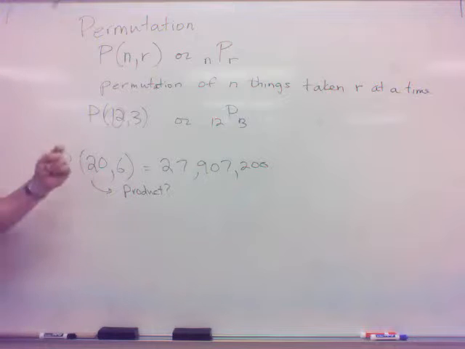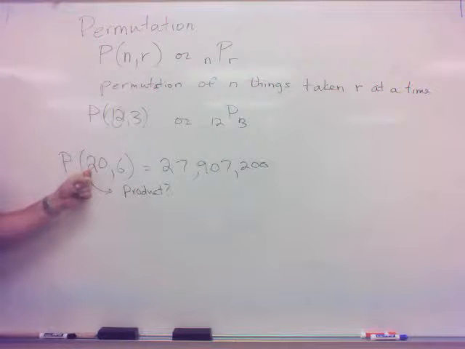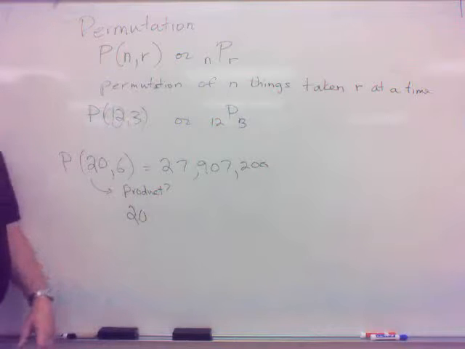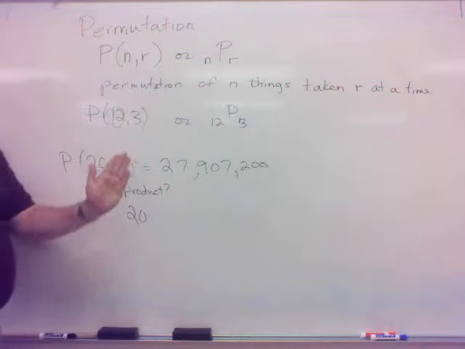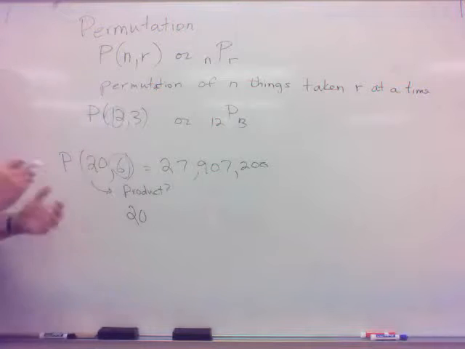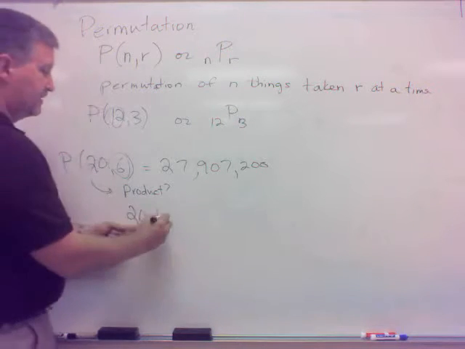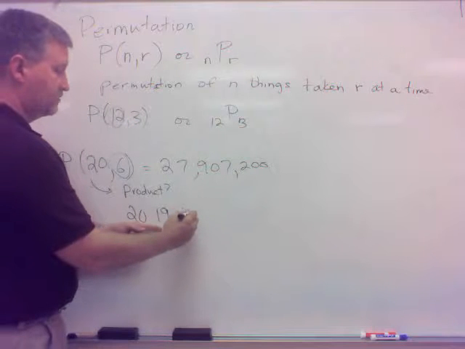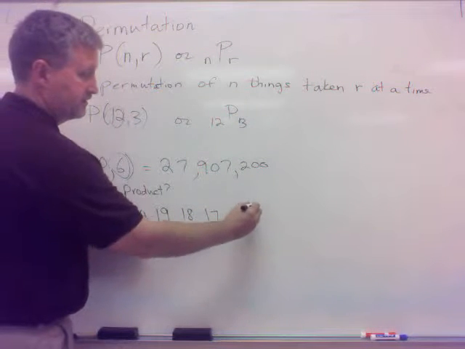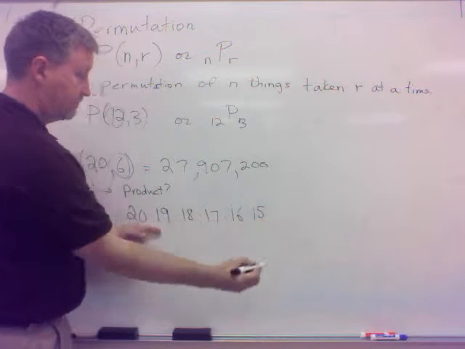Well, I start at where? The first number, 20, and then count down, right? Now, do I count down to 6? No. This is the number of things at a time. So I don't count down to 6. I count down to where? 20, 19, tell me when to stop. 17, 16, 15, stop, right?